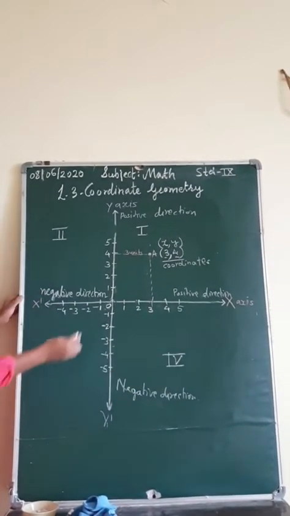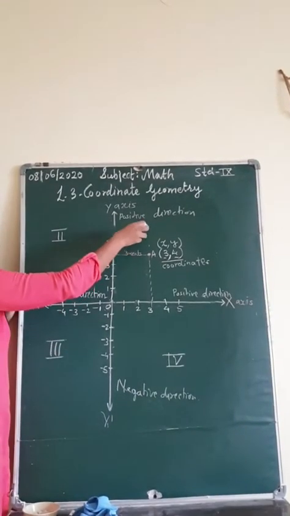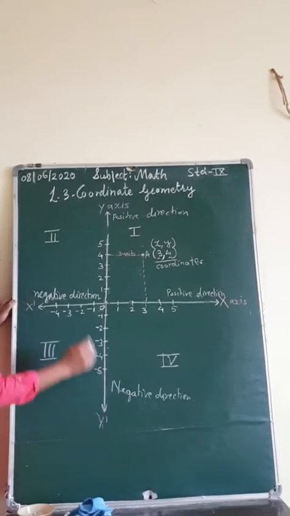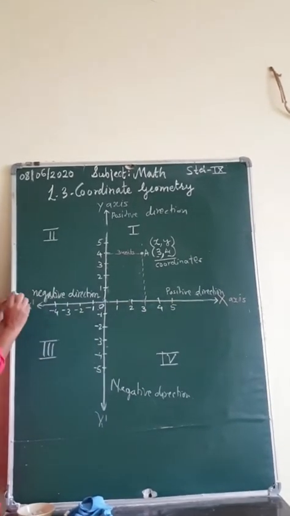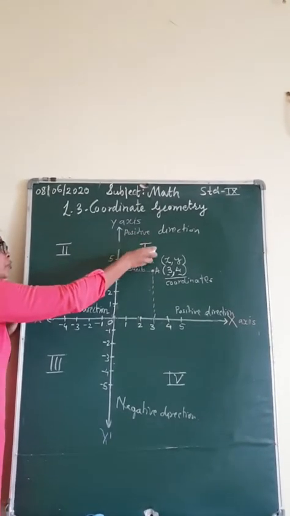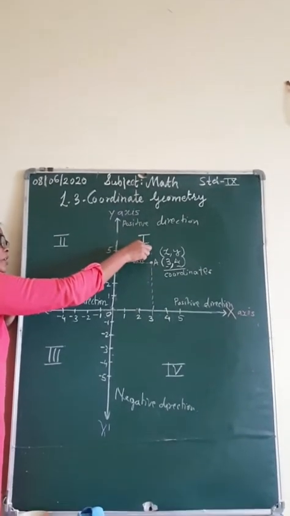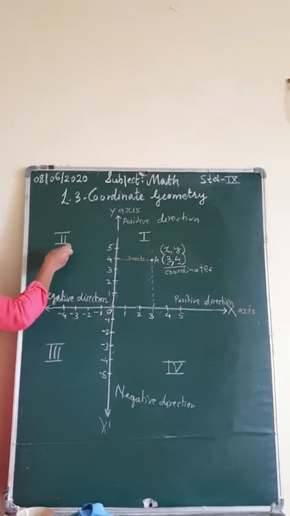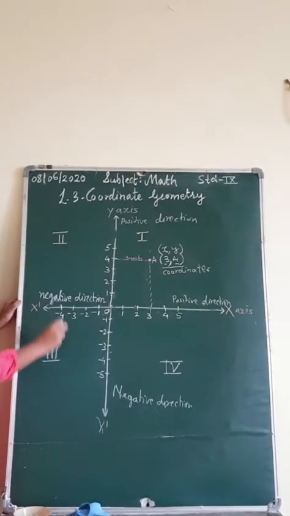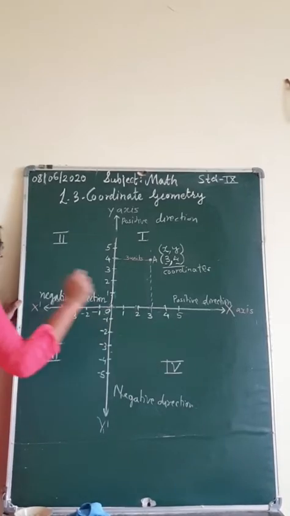Now see here how these parts are moving. When we name the first part here, we go anti-clockwise, and then the second part comes here, third here and fourth here.